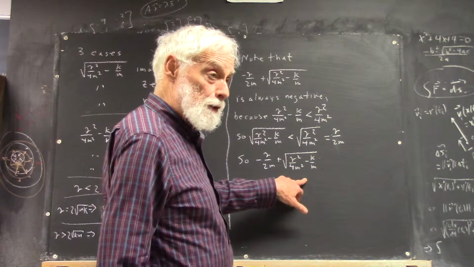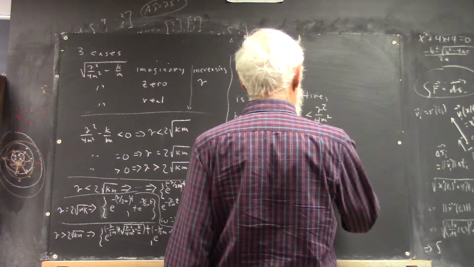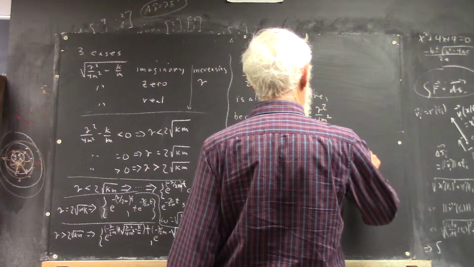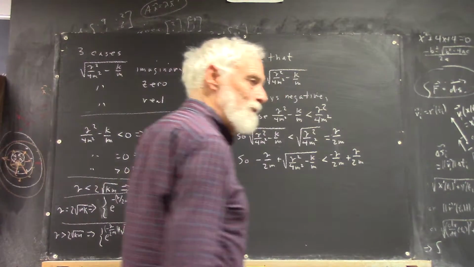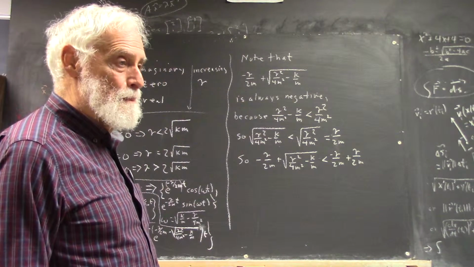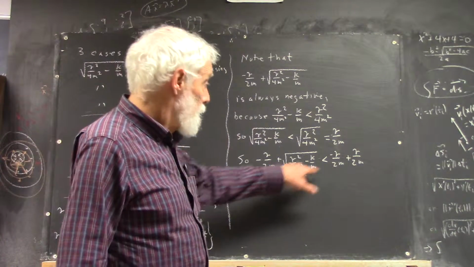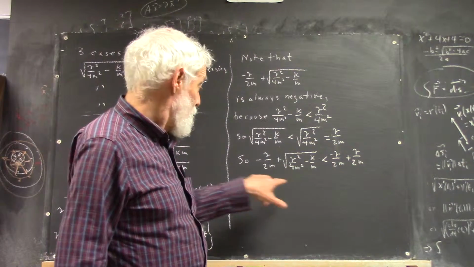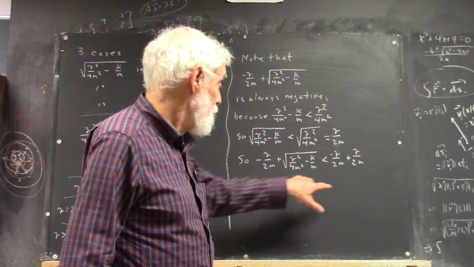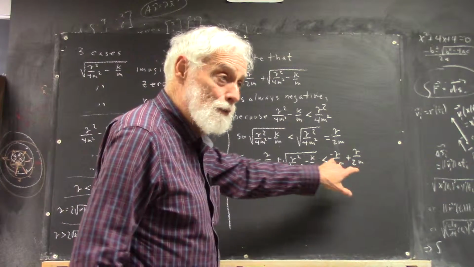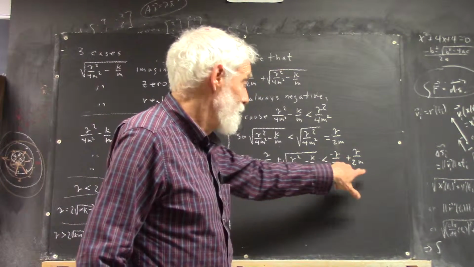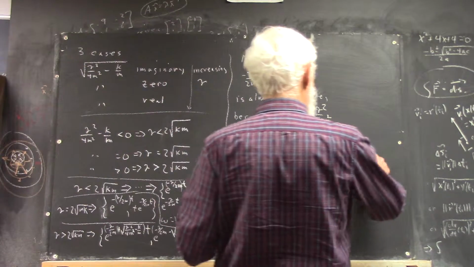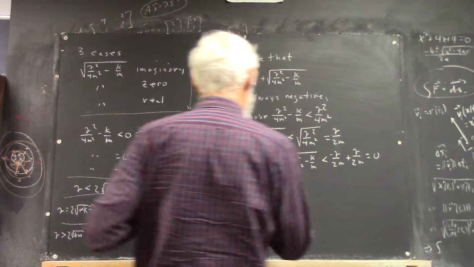Okay, we've got this, right? Well, that's got to be less than negative gamma over 2m plus gamma over 2m, right? I mean, this is less than gamma over 2m, which is established, right? Now this is the same here as it is here, and this is less than this, so this has to be less than this, right? And of course, this is equal to 0.